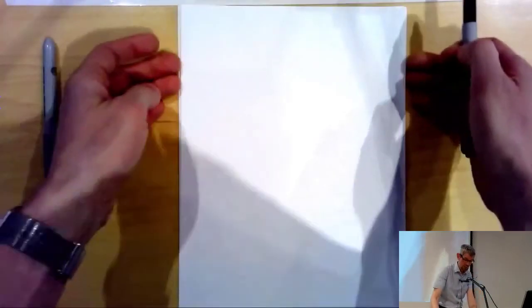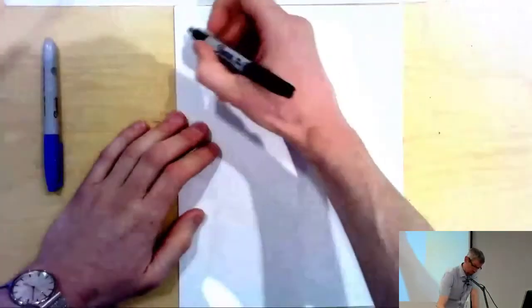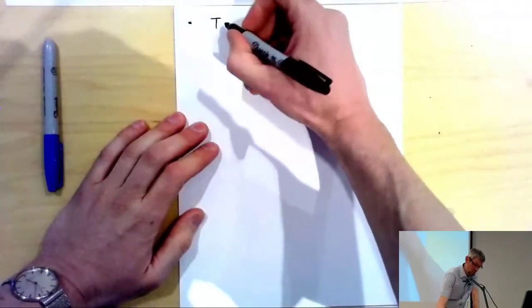A slightly more sophisticated example comes from elliptic curves. So this is the construction of the Tate module.